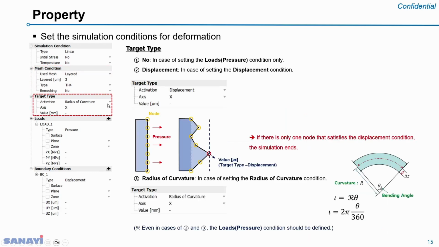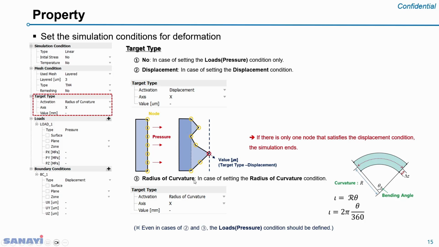Next is target type. It is convenient to recognize the target type and loads as a pair. For activation, there are 3 types: no, displacement, and radius of curvature.